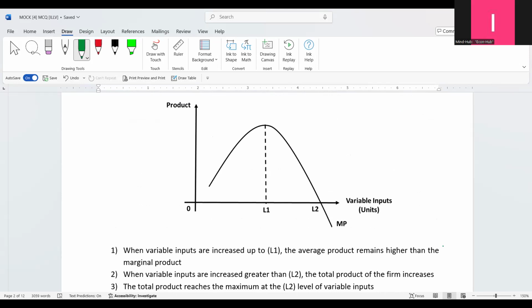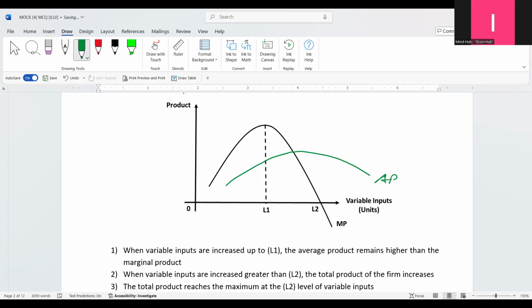Something like this. So basically AP behavior, average product behavior, will be something of this nature. So it says up to L1.